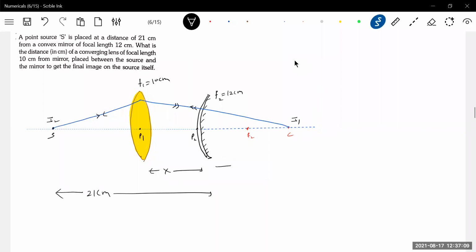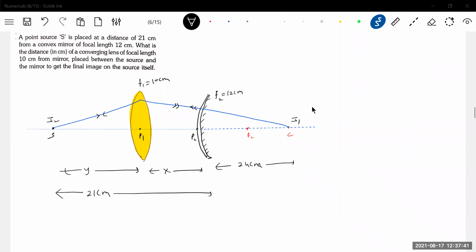So do we know this distance? 24 centimeter. But he has asked x now. We'll call this y.